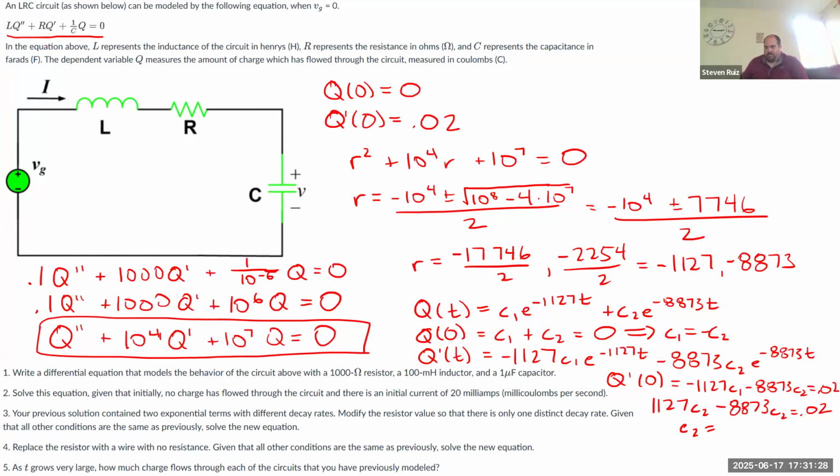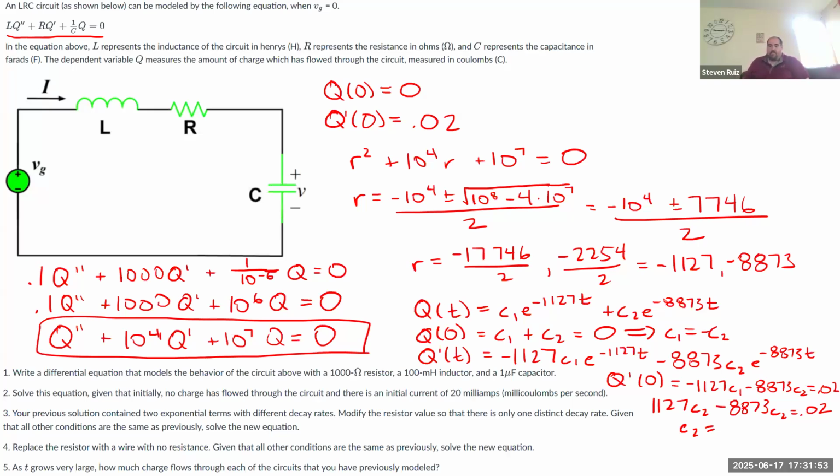So 1127 minus 8873 gives me negative 7746. If I divide 0.02 by that, I'm going to get something really small. Okay, so let's capture this in scientific notation.